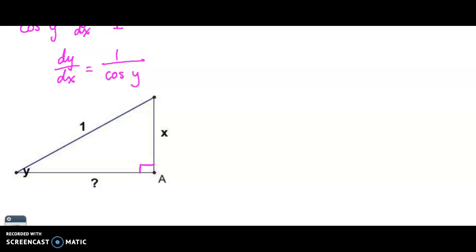So if I do the Pythagorean theorem, we'll call this side length a. So a squared plus x squared would equal 1 squared. That means a squared would equal 1 minus x squared, so a is going to equal the square root of 1 minus x squared.